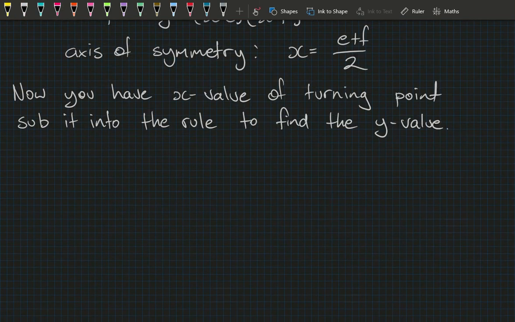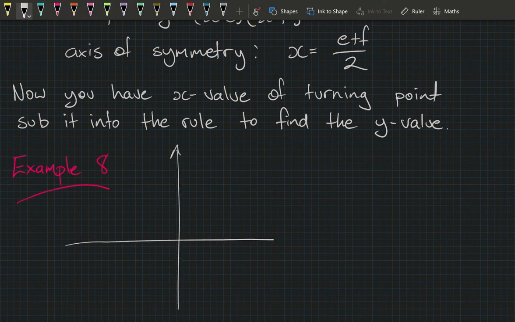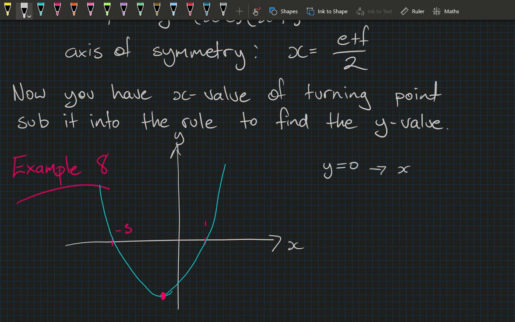Let's have a go at this with example 8. We're going to find the rule from a graph that has x-intercepts minus 3 and 1. And I better draw the actual parabola. So let's try and figure out what this turning point is. As we were saying before, if y is equal to 0, then x is equal to minus 3 and 1 here.